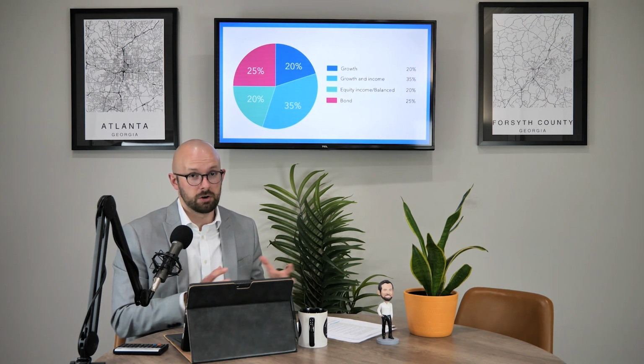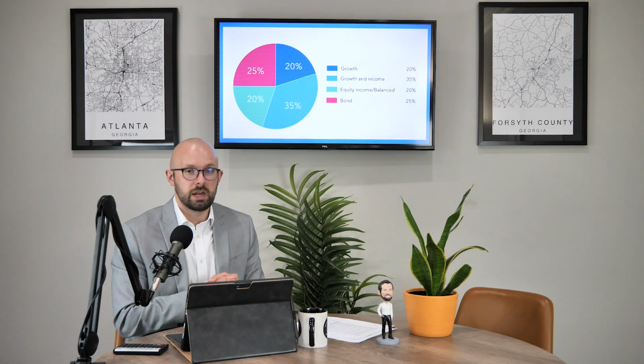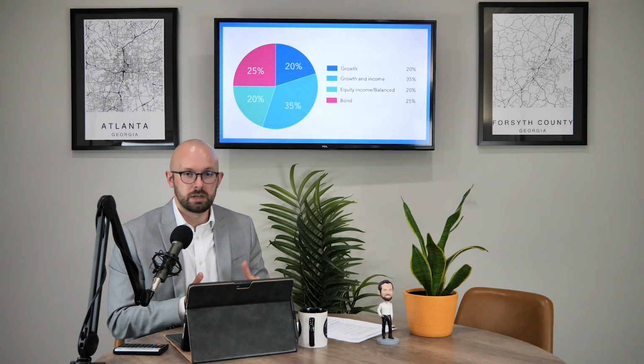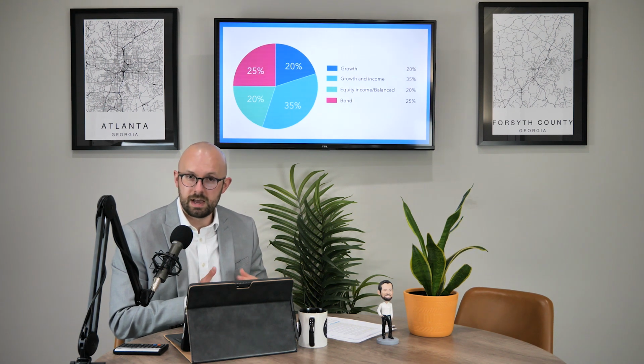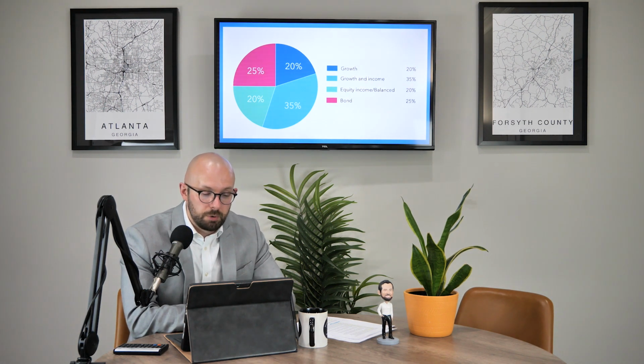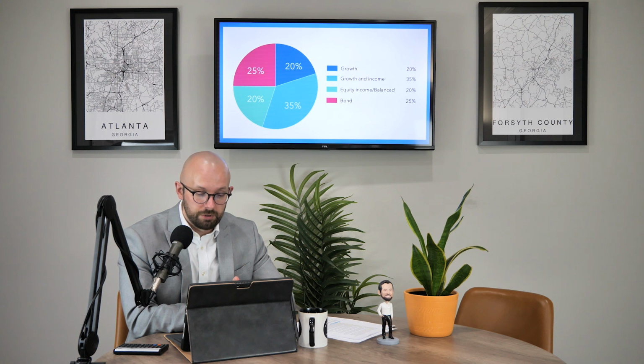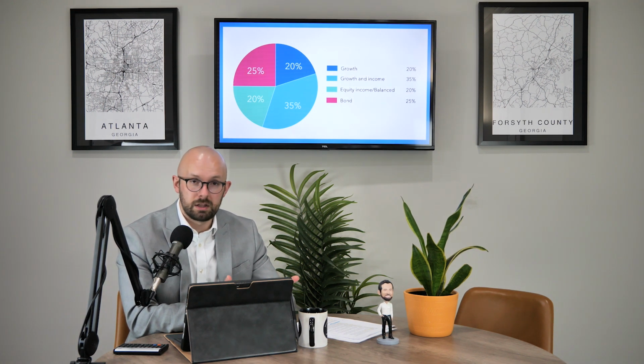You want that pie to come together and work efficiently. You can't have a pie that's just flour without adding water, yeast, eggs, anything like that to turn it into dough. So when we come to a portfolio, as an example, you might have a portfolio that's 25% bonds, 20% growth, 35% growth and income, and then 20% balanced.